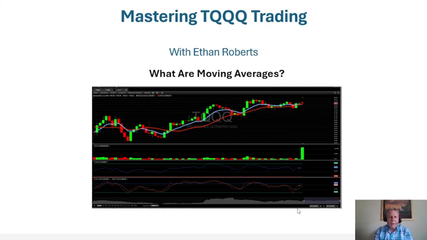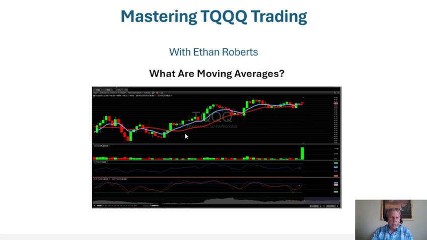So in this first chart, what are moving averages? We see two lines, a blue line and a red line. The blue line is the shorter 8-period exponential moving average. The red line is the longer period simple moving average, or SMA. Now I have these set up on my chart for blue and red.